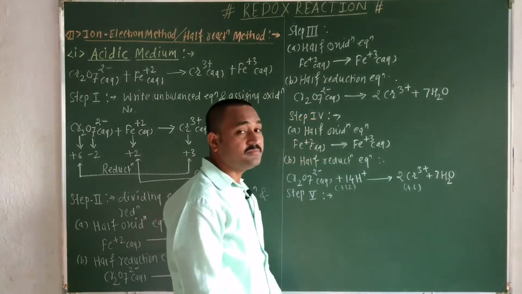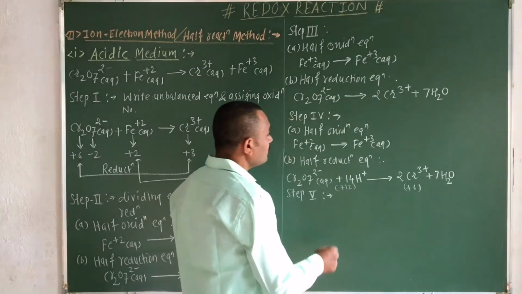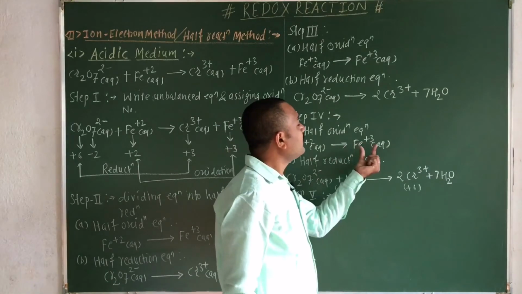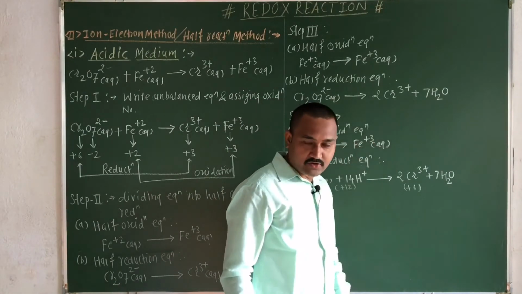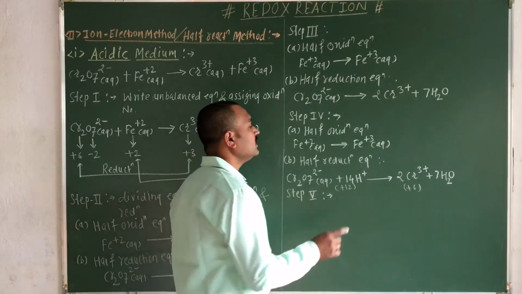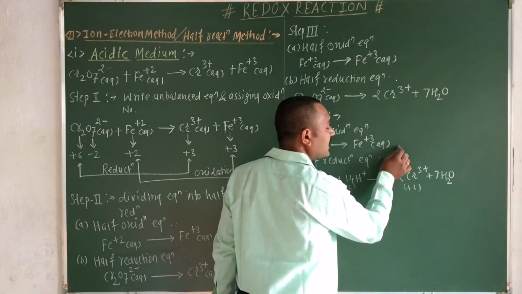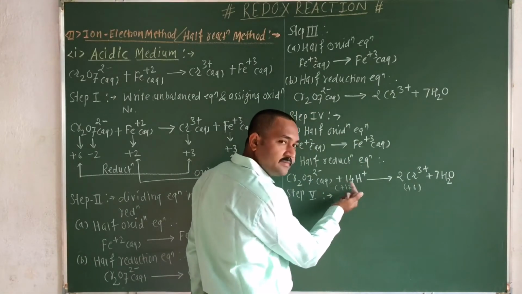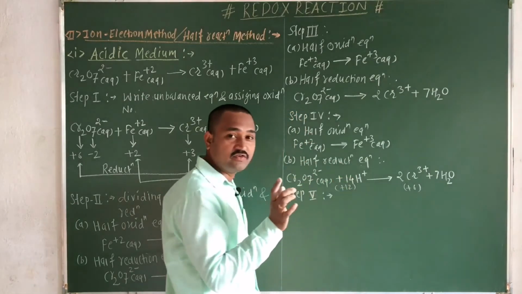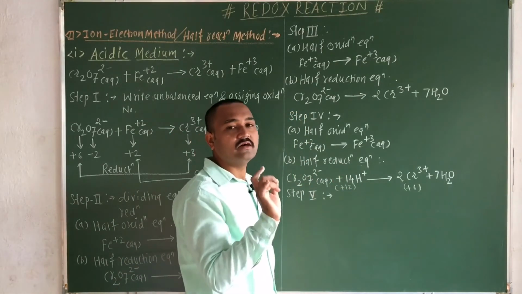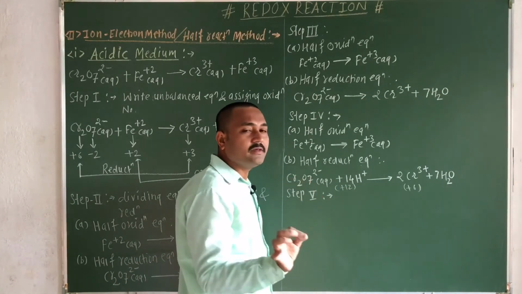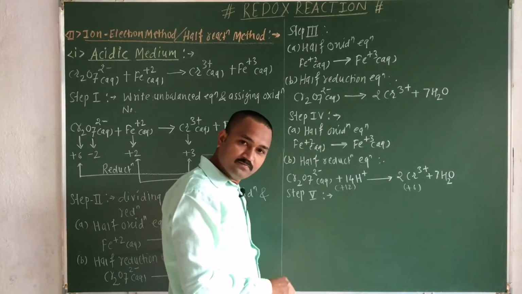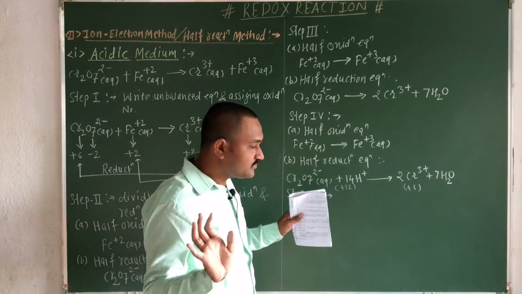So step number 5 is very important. Remember, we are now balancing charges. Step 5 says we have to balance these charges by adding electrons, and they have clearly mentioned we have to add the electrons to the right hand side of the oxidation half equation and the left hand side of the reduction half equation. Generally students forget about this. So there are no questions regarding this.